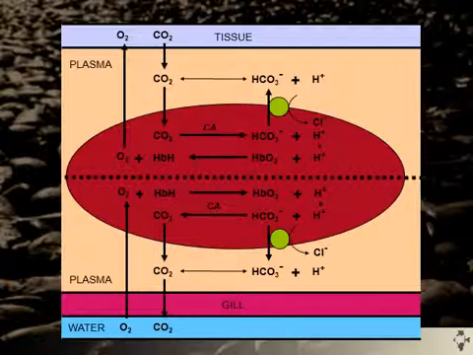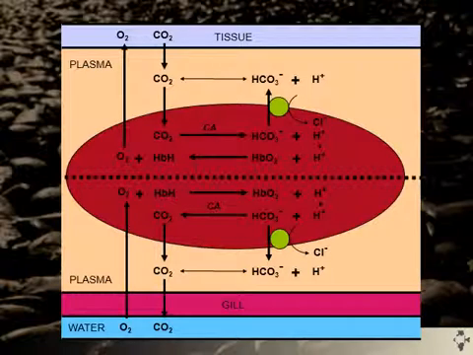As the hydrogen ions accumulate, having been displaced from hemoglobin by oxygen, that's going to push the chemical equilibrium to utilize bicarbonate ions and force the greater formation of CO2 through the effect of carbonic anhydrase. As a result of that equilibrium being shifted back to the left, we have increasing abundance of CO2. CO2 will accumulate in the red blood cell and in the plasma to the extent that it is at a greater concentration there than it is in the environment, and so it will naturally diffuse across the gill and be released.